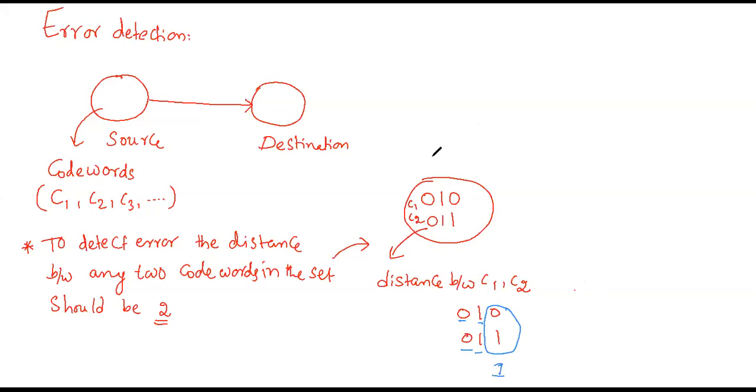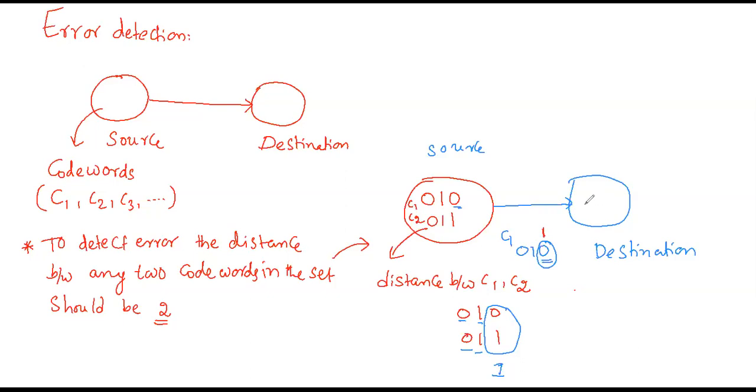Now, from the source you are transmitting the data to the destination. While transmitting C1, an error occurs on the third bit, and it is changed to 1.